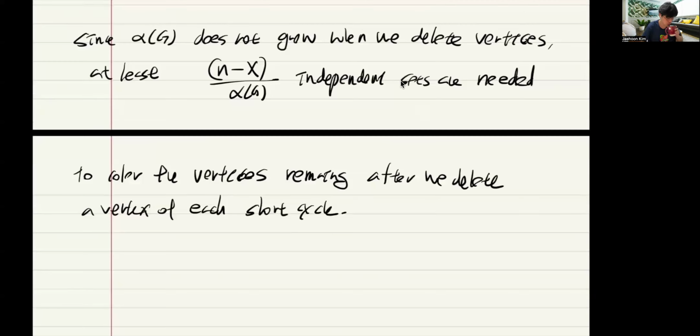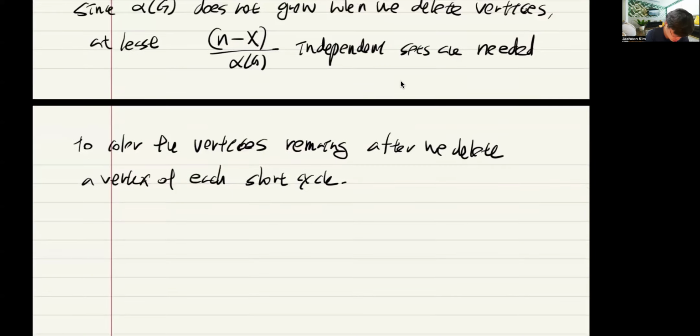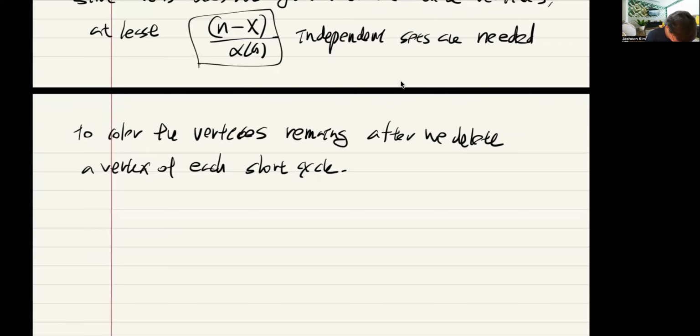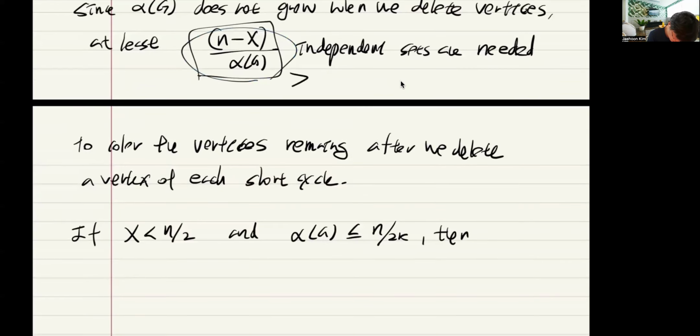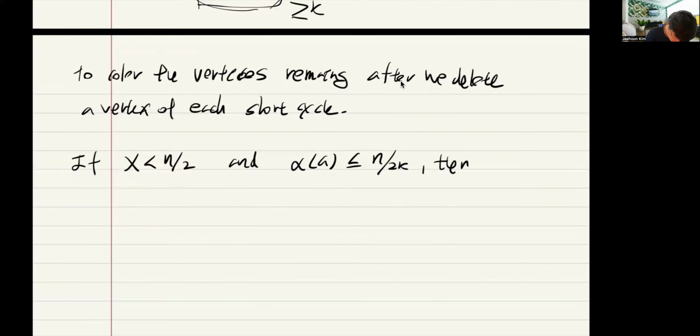So, but this means that if x is smaller than n over 2, then alpha of G is smaller than n over 2k, then what? This becomes bigger than or equal to k.